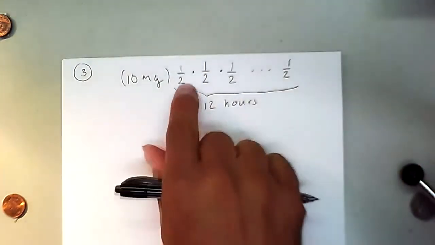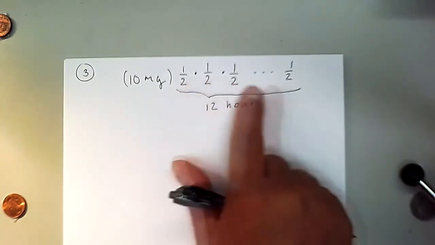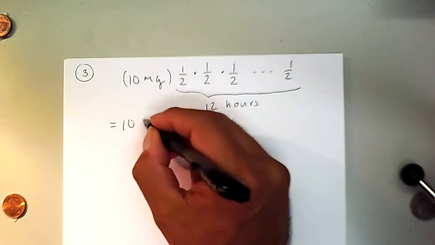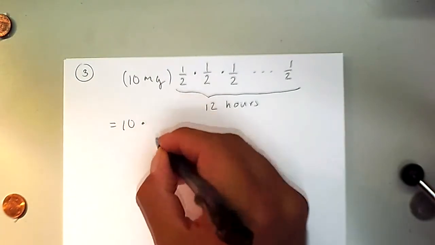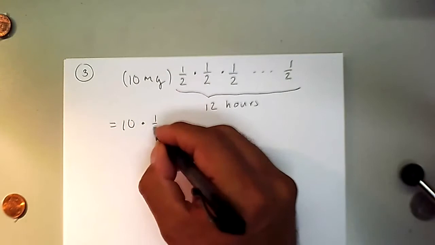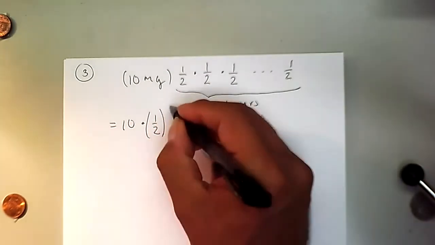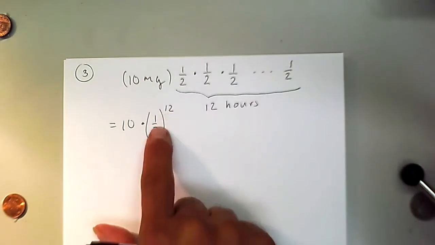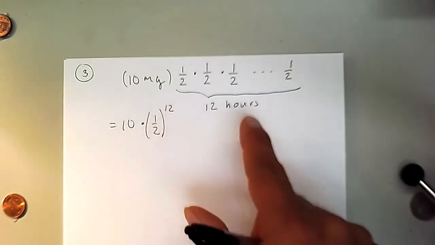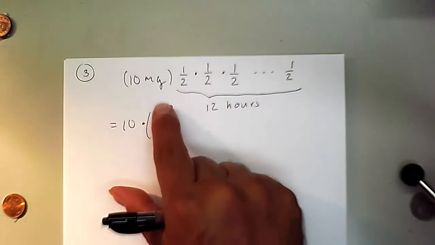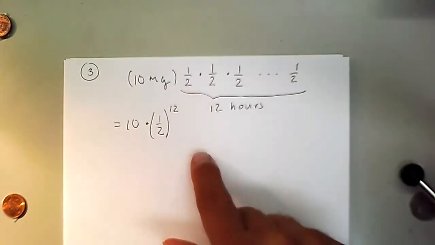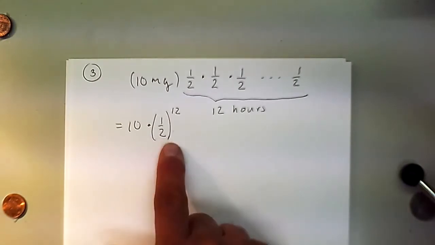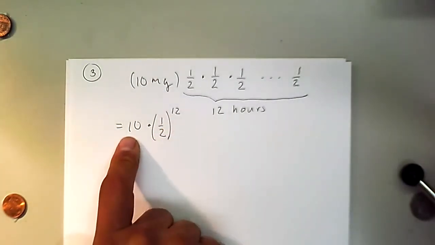So instead of writing this in this cumbersome way, we just write 10 times 1/2, and the quantity 1/2 has to be raised to the 12th power. So that means we're going to multiply 1/2 times 1/2 times 1/2 times 1/2, 12 times. And then after we get that product, we can multiply with 10.